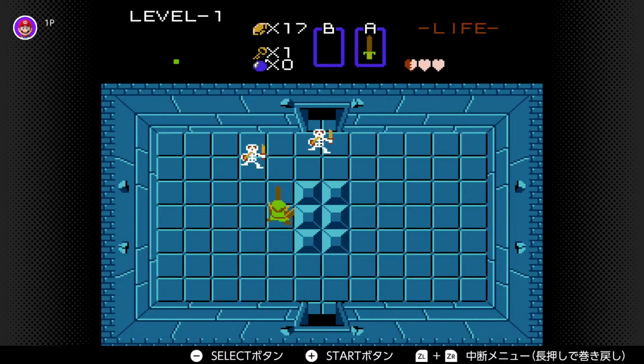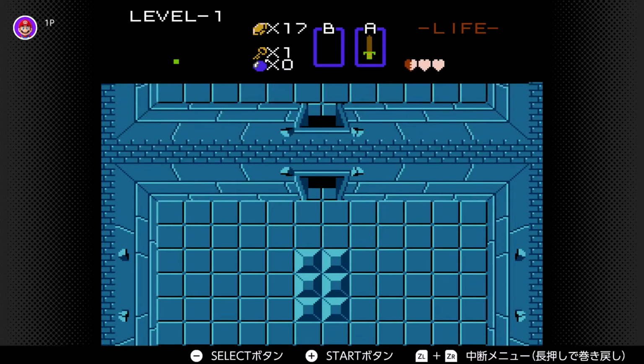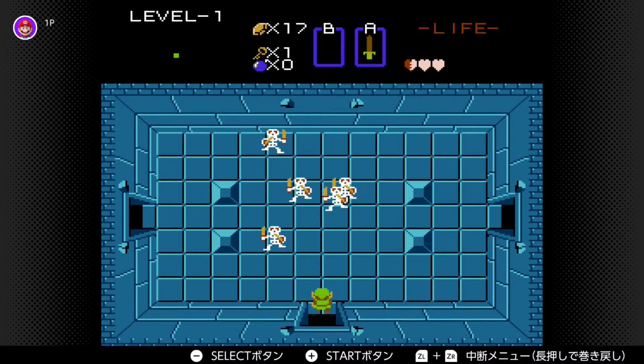Defeat these Stalfos. Careful. I'd like some health, if possible. Unfortunately, they won't give us anything. Not an item, not some health. Nothing.